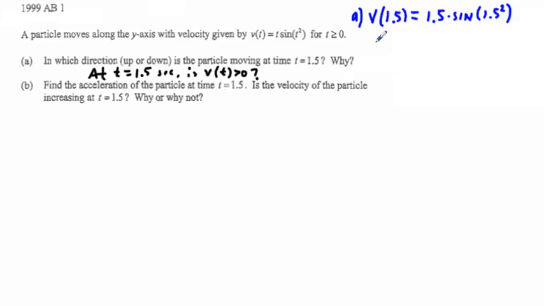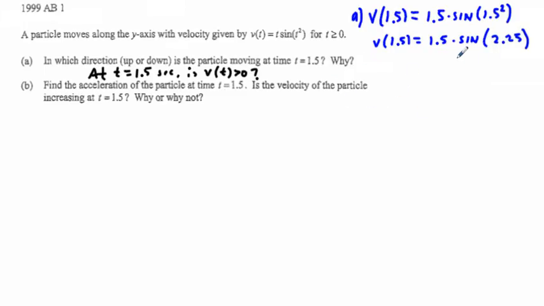So v of 1.5 is equal to 1.5 times the sine of, and what is 1.5 squared? Well, it's going to be 2.25. And that's just something I know. I know 15 squared is 225, so 1.5 squared is going to be 2.25.